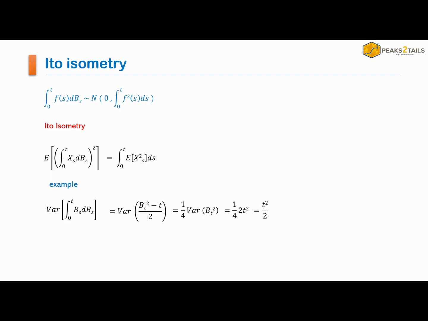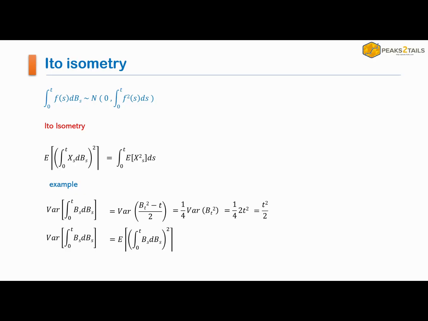Now let's use Ito isometry to get to the same result. So we start with the variance of this quantity. Now Ito integrals are martingales, which we saw, and this quantity will also have a mean of 0 because it is martingale. So if it has a mean of 0, we can write variance as expectation of square of this quantity because there is no mean.